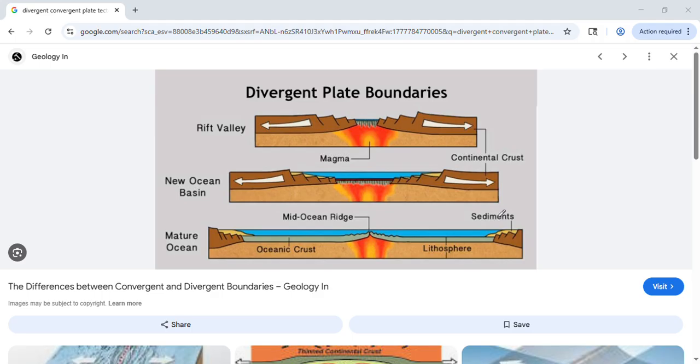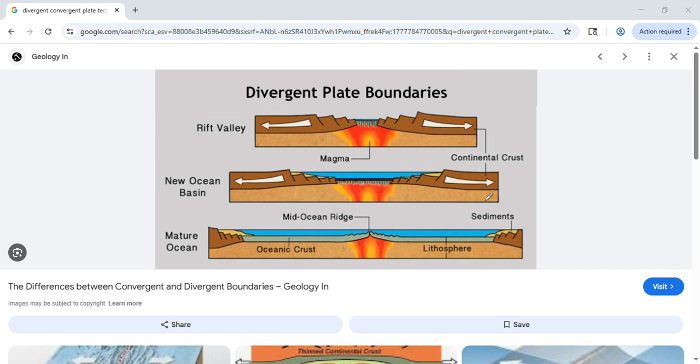They get locked due to friction. Here the plate is locked due to friction. When the stress overcomes friction, energy is released as earthquakes or volcanoes.